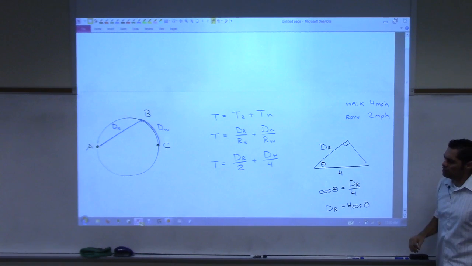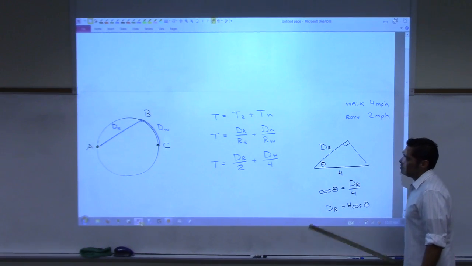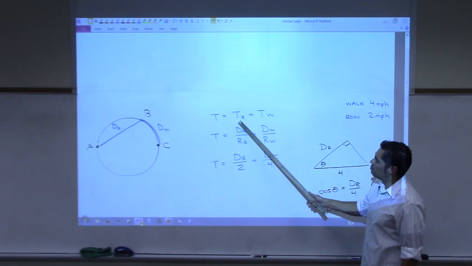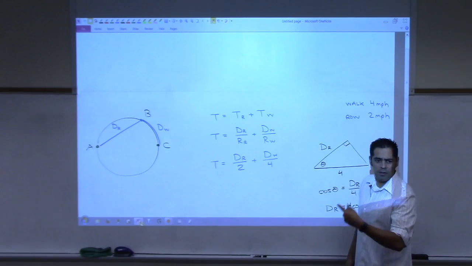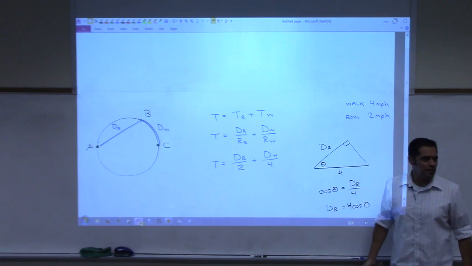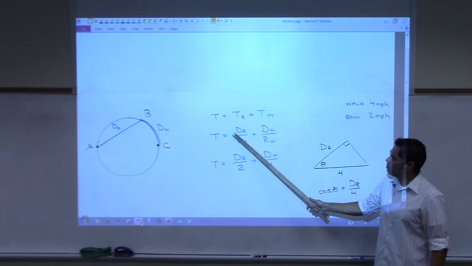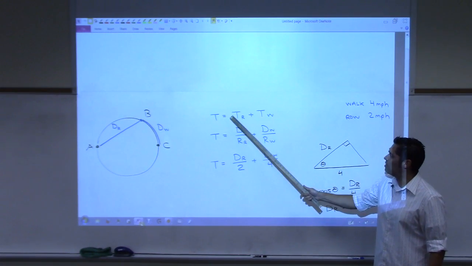Okay, so what we had determined was that we were trying to minimize the amount of time it would take her. So we said, all right, time is going to be the time she rows plus the time she walks. And then we used that formula to convert time. Time is distance over rate. So if we know the distance she rowed and divide it by the rate that she rowed, then that's equivalent to the time that she rowed.